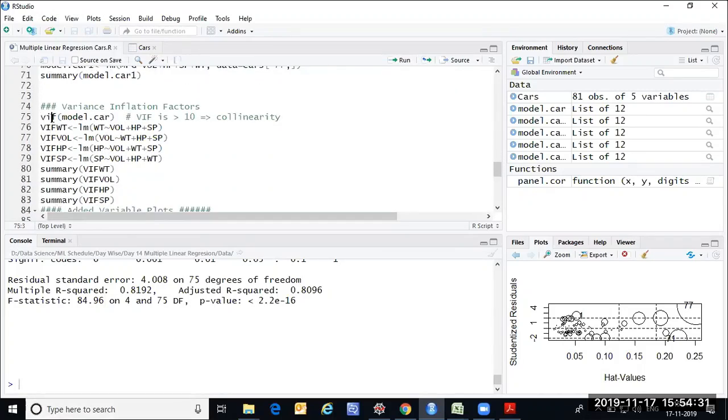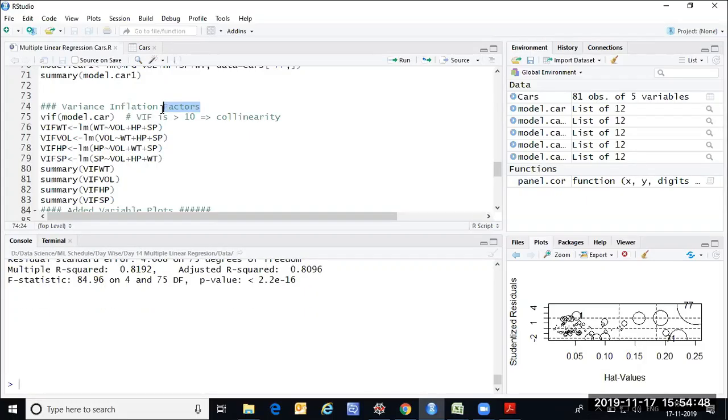There's something called VIF, variance inflation factor, to understand the collinearity existing between the variables. Since we are talking about collinearity, will it be between the input variables or along with the output variable? The collinearity problem exists only between the input variables, right?